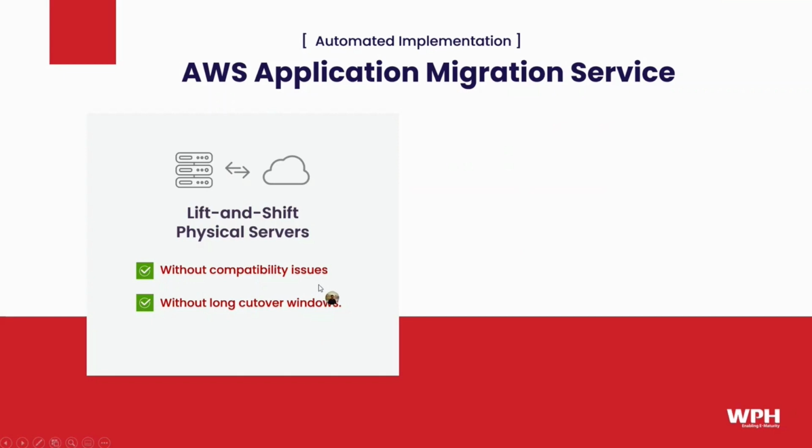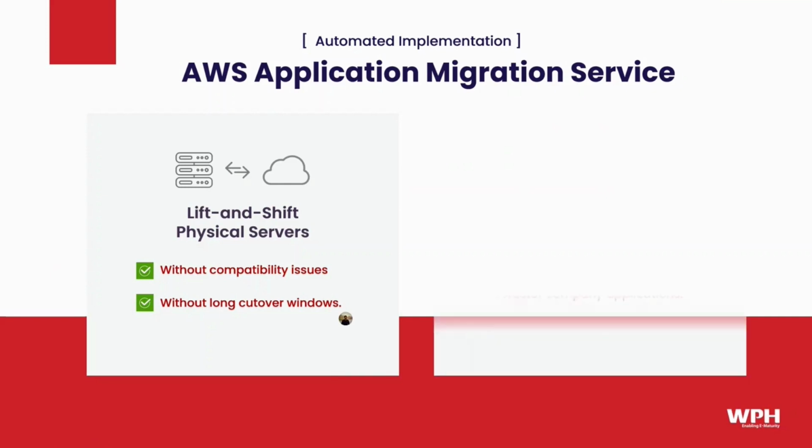The duration for this migration depends upon your source server size and source data repository size. Even though the size is huge, the cutover window and the duration of the migration will be very short compared to the manual implementation.